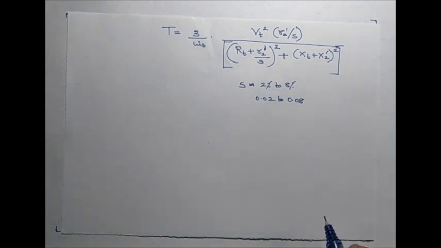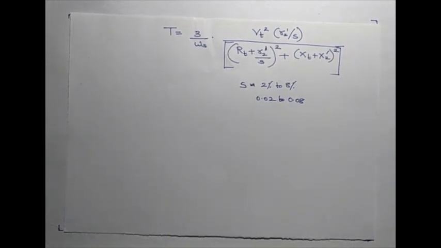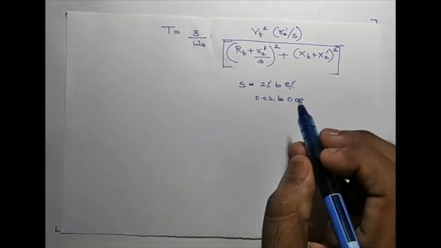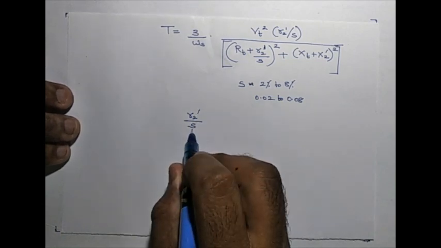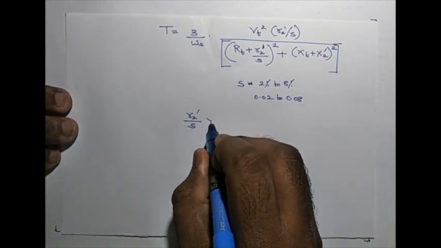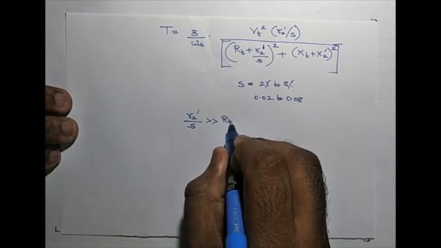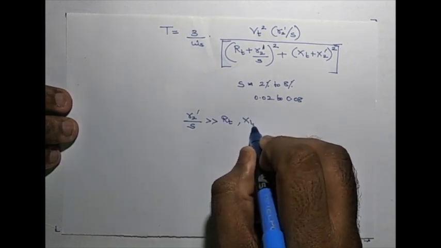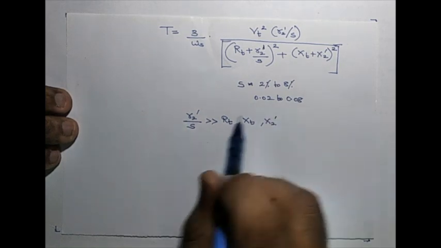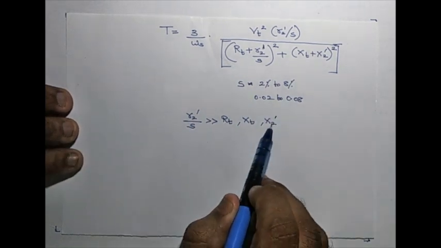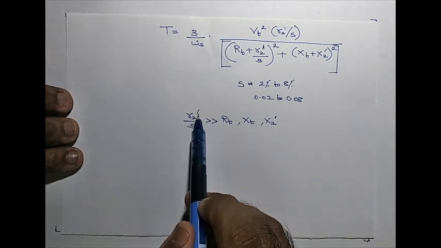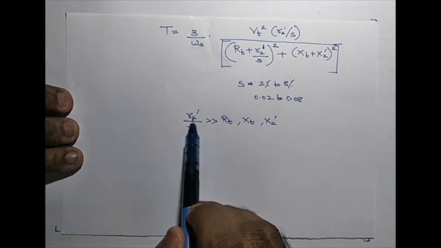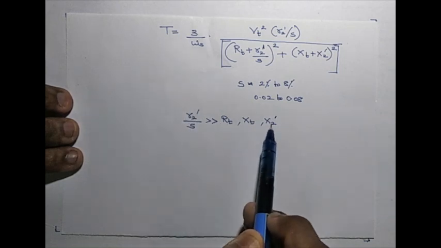Now, if that is the case, what assumption can we make? Consider R2' by S. Since S is a very small quantity, this will be substantially larger than R1, X1, as well as X2'. R2' is comparable with these quantities, but R2' divided by S is not. For example, if S is 0.02, this is multiplied by a factor of 50, so 50 times R2' will be substantially larger than R1, X1 or X2'.